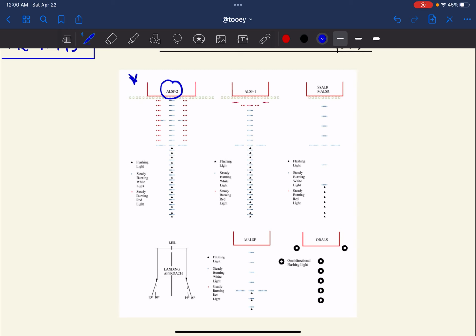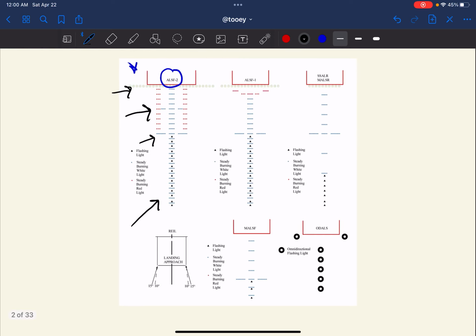Notice that we have lights here, and here, and there. So 91.175 says that we can't descend below 100 feet above touchdown zone elevation using the approach lights as a reference unless you have either the red terminating bars or the red side row bars, which will be this one.